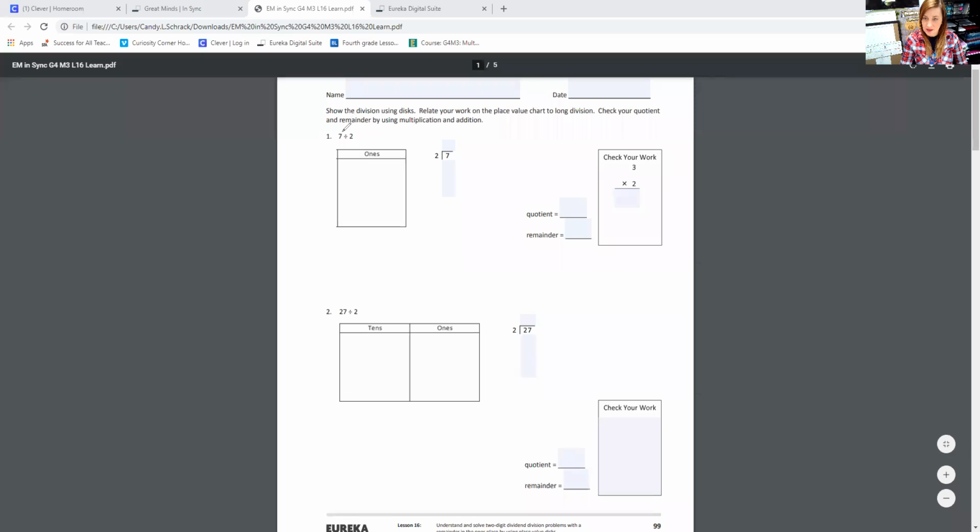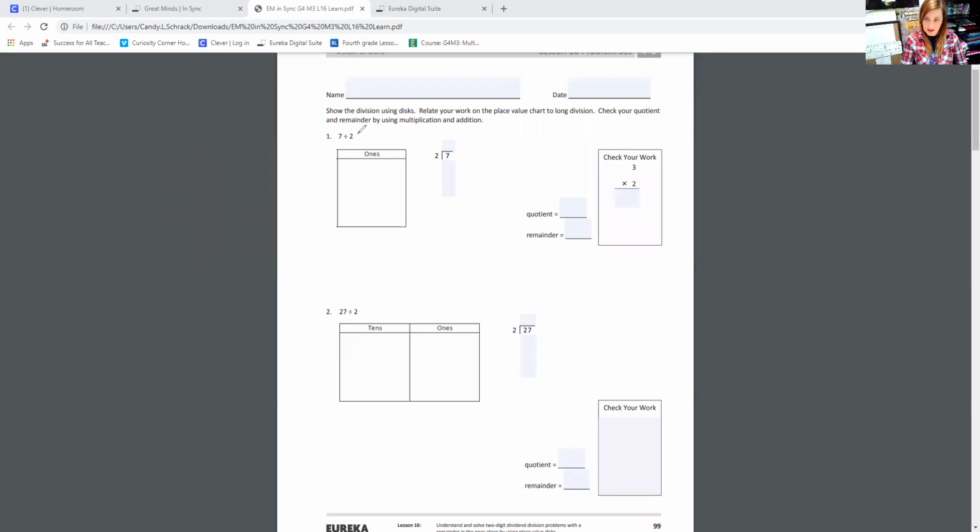So let's start with this one. It says 7 divided by 2. So if we're going to do our place value disks, we're going to do 7. Well, that one didn't show up very well.